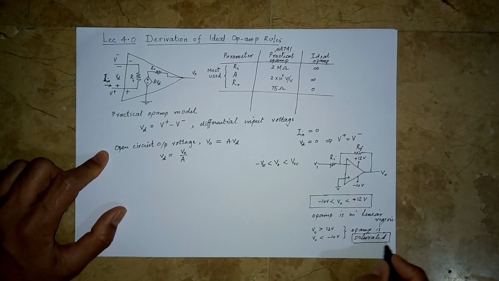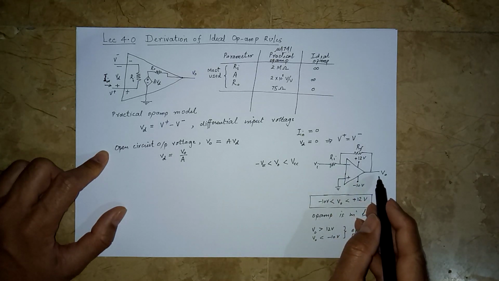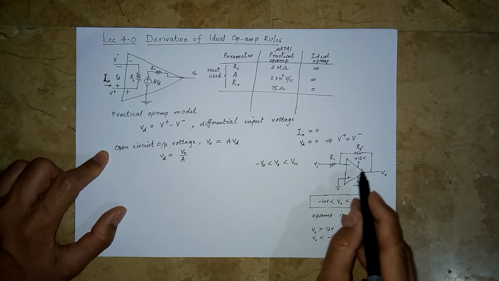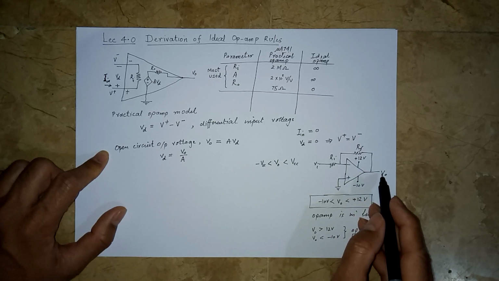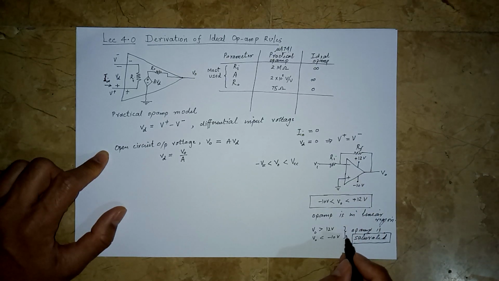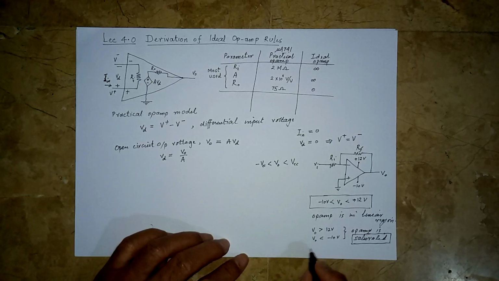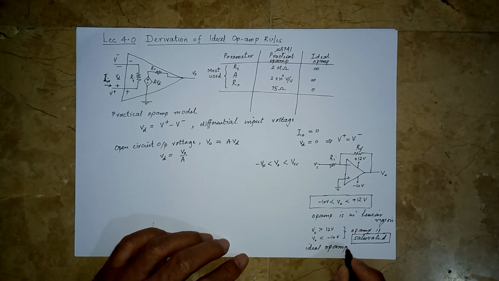And when is an op-amp saturated? Whenever you compute the output of the op-amp and your computation shows that the output value is outside this range, then you will know automatically that the op-amp is saturated. And why is it important to know this? Because when an op-amp is saturated, the ideal op-amp characteristics do not apply.